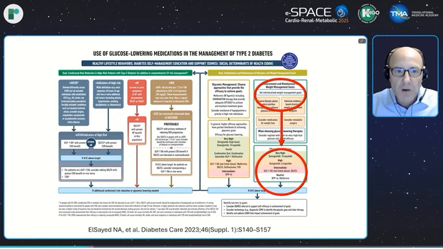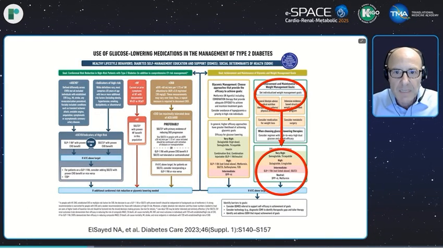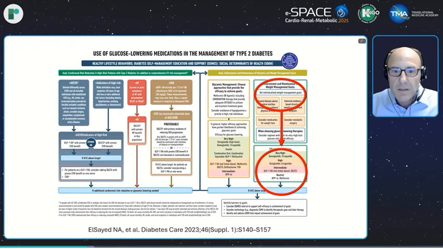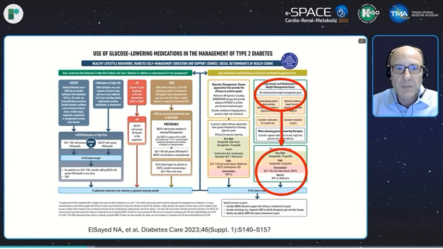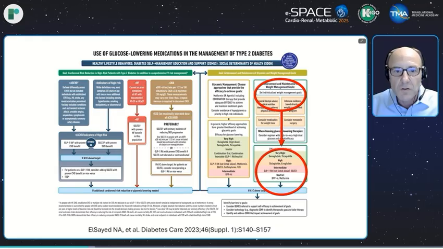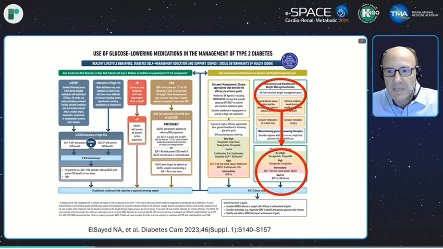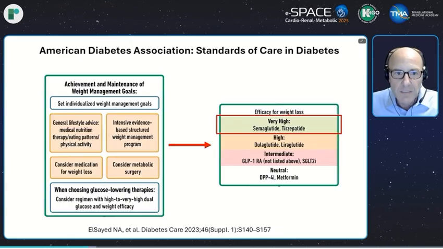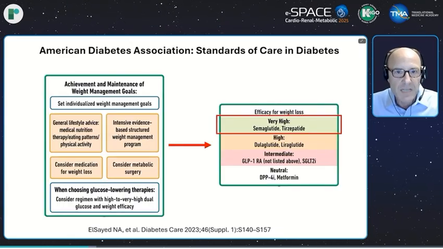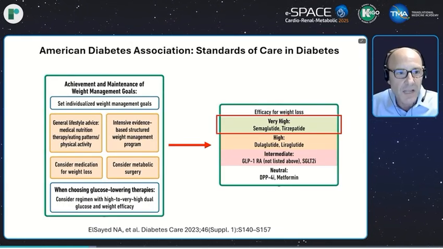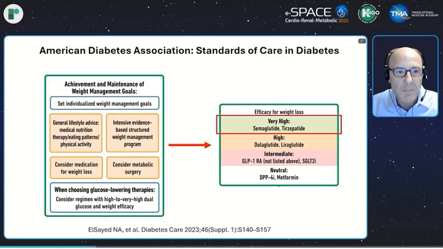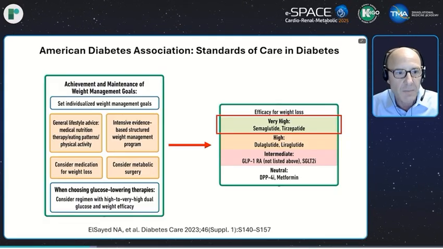Now, this is from the American Diabetes Association standards of care and management of diabetes and the use of glucose lowering medications. And the point I want to emphasize, I have circled in red, and this is a blow up of that section, but this discusses the achievement and maintenance of weight management goals for patients with diabetes.